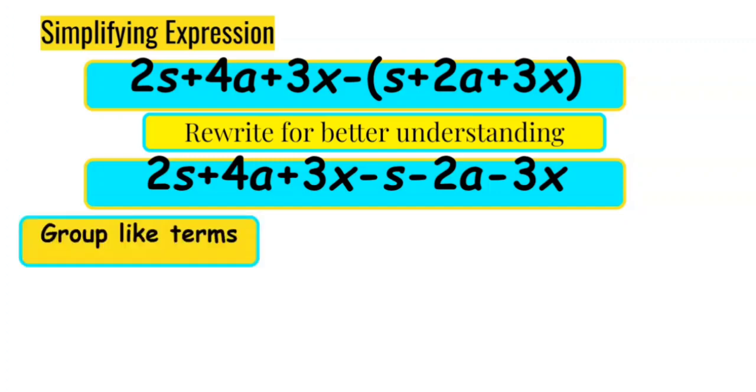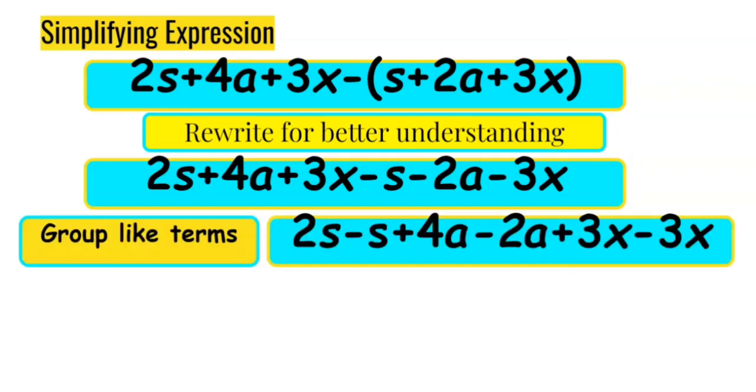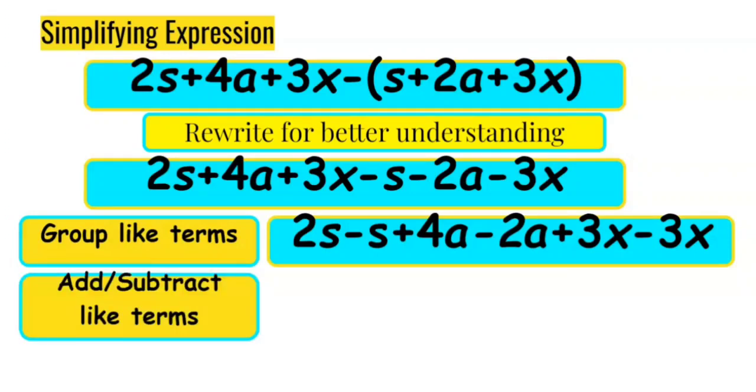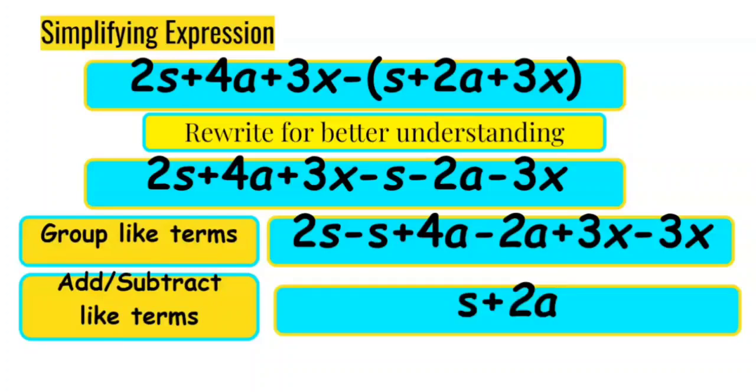If we now group our like terms, putting all the s terms together, all the a terms, all the x terms together, we can now add and subtract to simplify. 2s minus s equals s, 4a minus 2a equals 2a, and 3x minus 3x means she would have had all the juice, so she has none remaining. So our answer is s plus 2a.